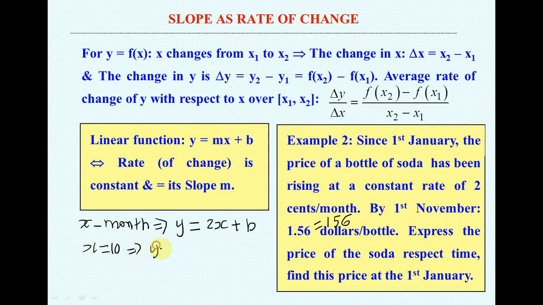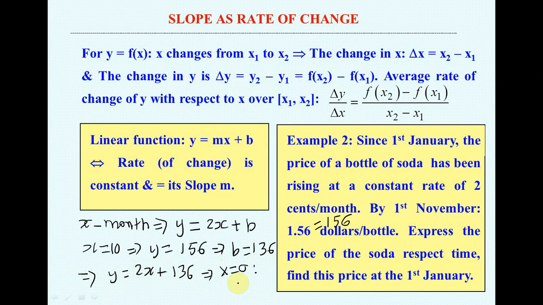You have the price, this is 156. We find easily b equals 136. So finally, the function we are asked for is that one. And at the 1st of January, we set s equals 0, so the price is 136. That means $1.36.